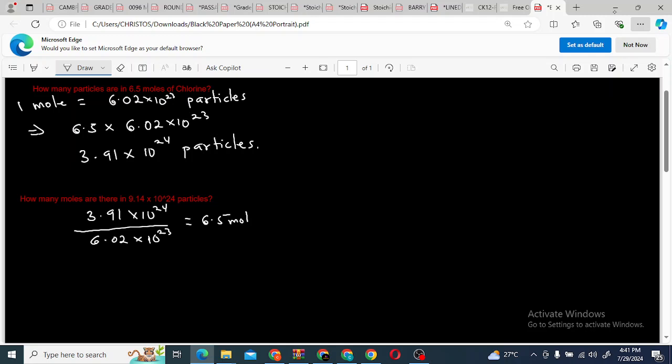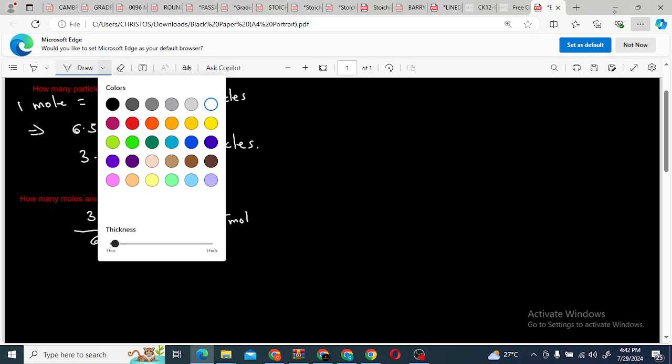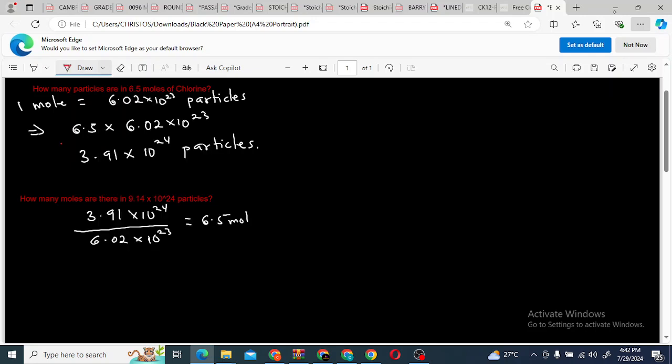So you may have heard some things like molar mass, or molecular mass, or atomic mass, or whatever you may call it. But let's talk about molar mass. Molar mass means the mass of a mole.